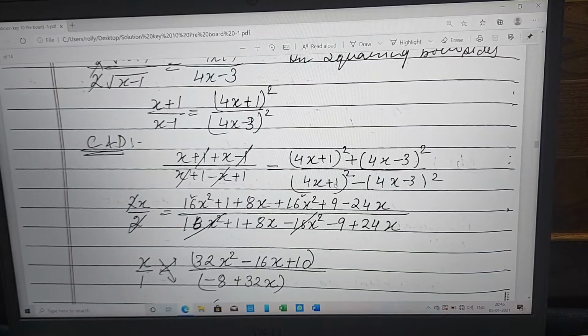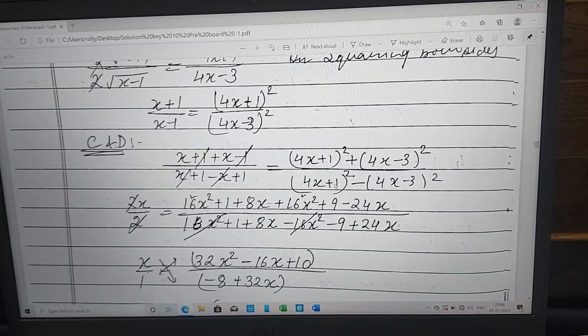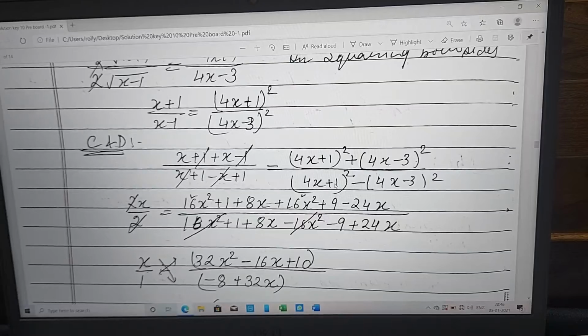That is wrong. Either you can apply componendo and dividendo once again as it is applied over here, or you can apply the (a plus b) whole square formula in the numerator and the (a minus b) whole square formula in the denominator. Okay, that can be done.